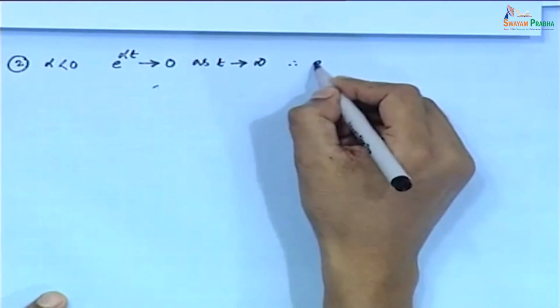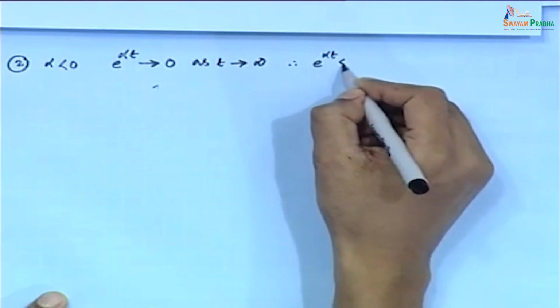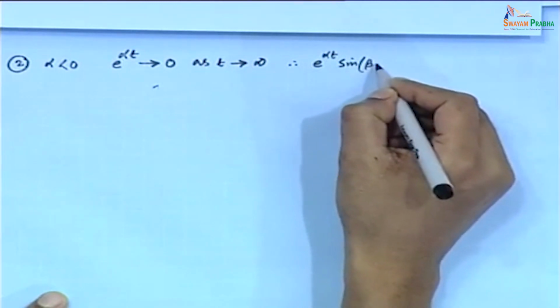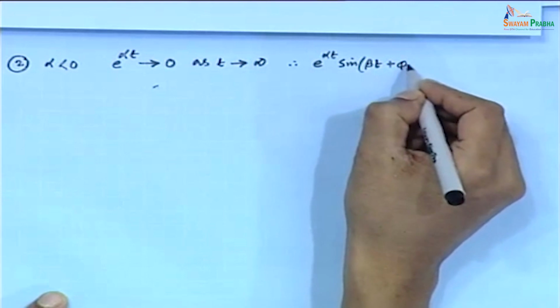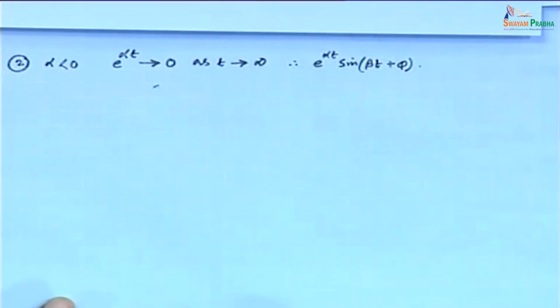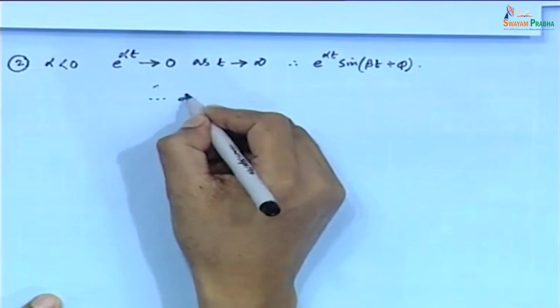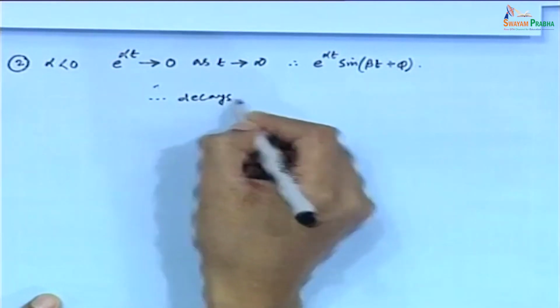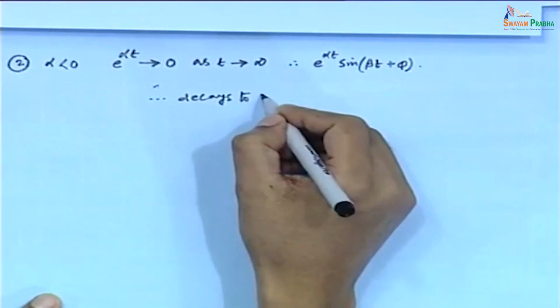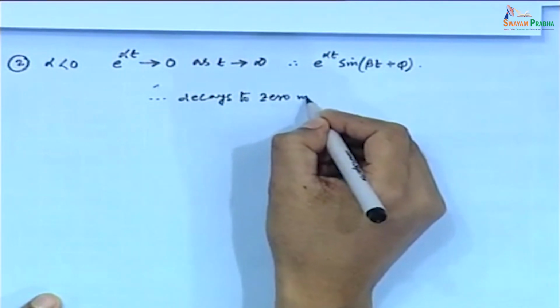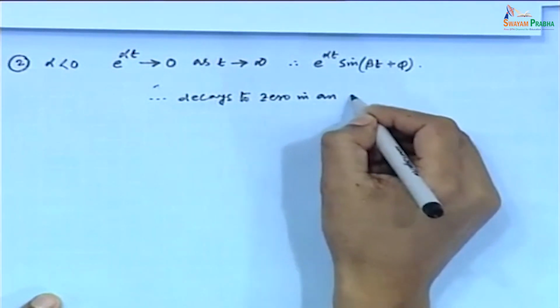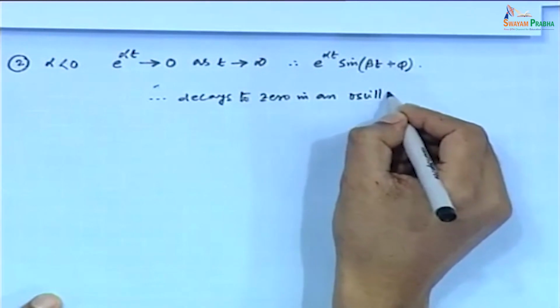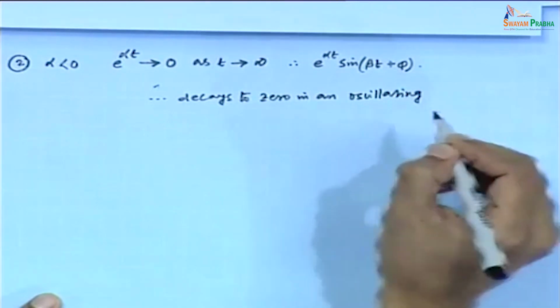So, exponential of alpha t sine of beta t plus phi decays to 0 in an oscillating manner.